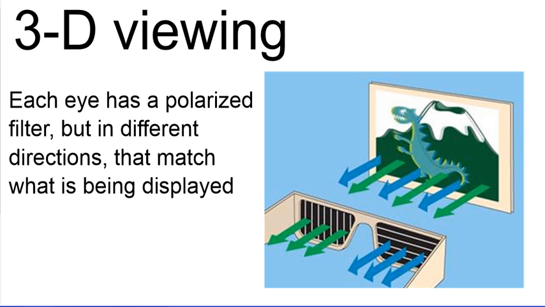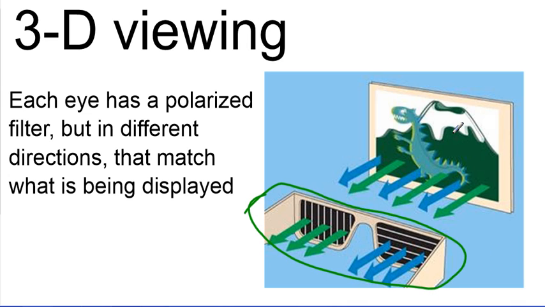Now, one example, and I want you to think about some other examples of this, is 3D viewing. In this case, if you have the right lens for your right eye polarized horizontally and the left eye polarized vertically, and you look at a video or a movie that is designed to be viewed in 3D, if you don't have these special glasses on, you'll see all of the light and it won't make any sense to you.